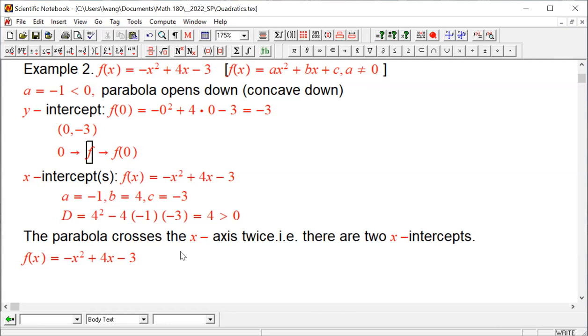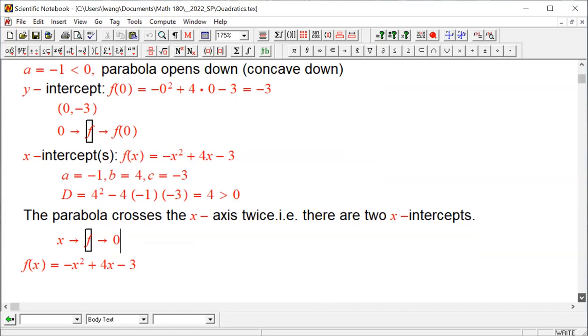If we want to find the x-intercepts, we have 2 of them. So here we basically don't know the inputs. It could be multiple, right? And we want to find the inputs, all of them, such that the output is 0. So that's how it works from the function perspective.